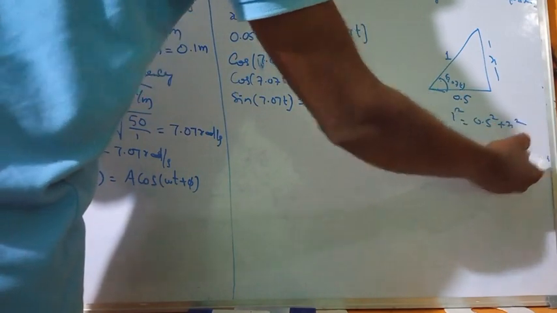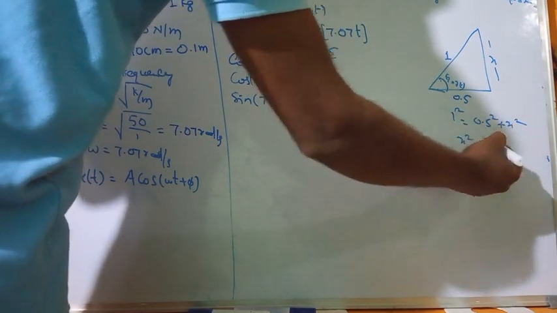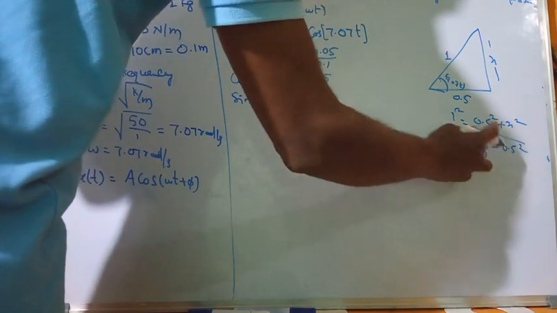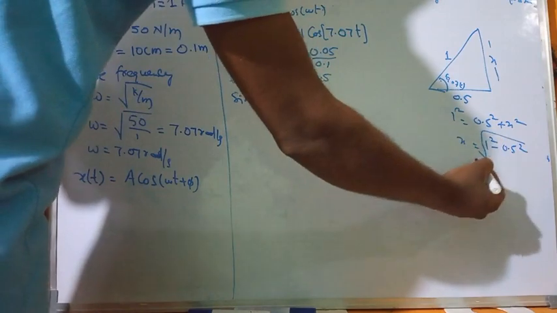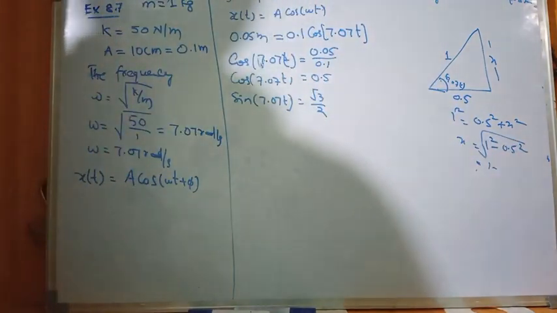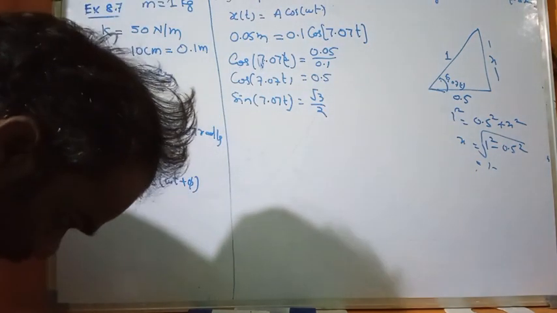So x square is 1 square minus 0.5 square, and x is equal to the root of 1 minus 1 by 2 square. From that we got root 3 by 2.